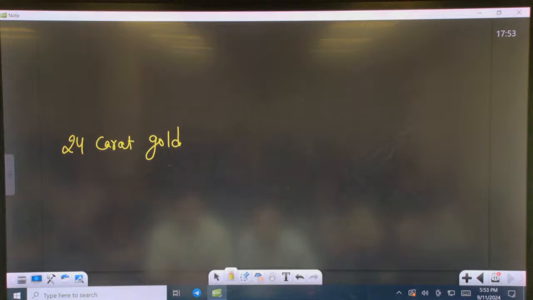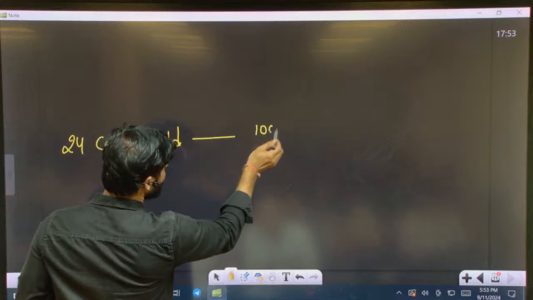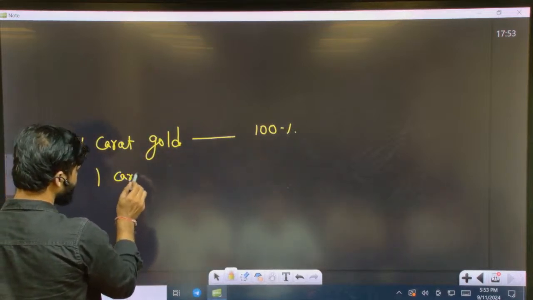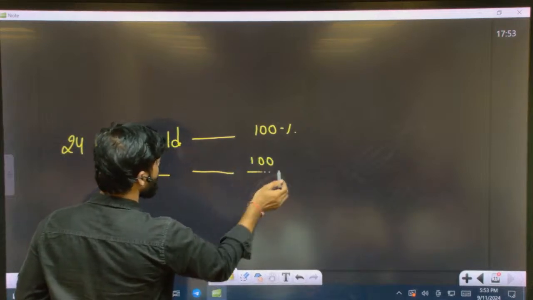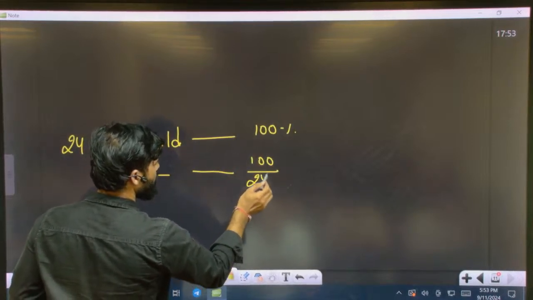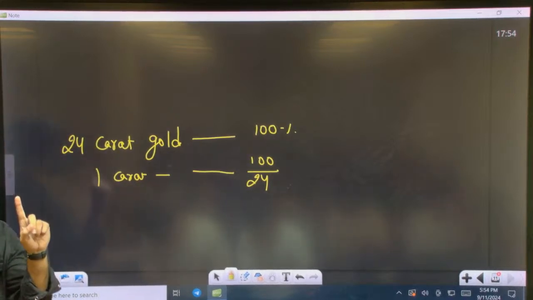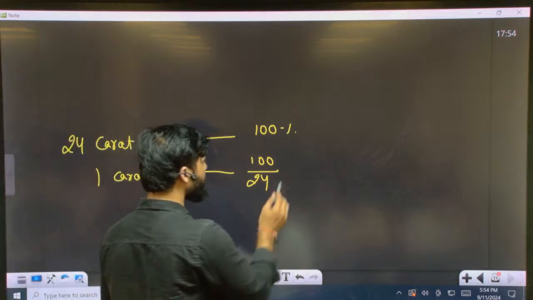Okay, just look at the board. 24 karat gold is considered to be 100% pure. So 1 karat gold is 100 above 24. Now this is the purity of 1 karat gold, and we have to find out the purity of 22, so multiply it by 22 then.